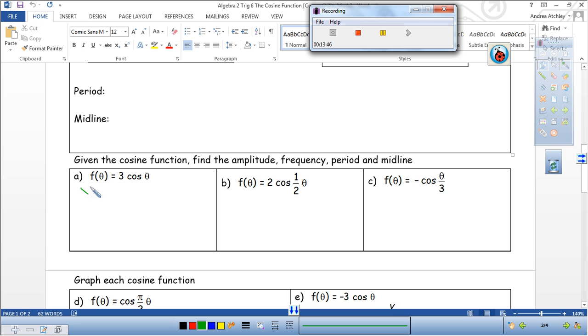Remember for today, the midline is just going to be y equals 0. It's not until we start adding things outside of here. Once you add something here, then your midline will move up. Once we shift it. But today, we're not going to be adding anything to our functions, so the midline is just going to be 0. Any questions on this?